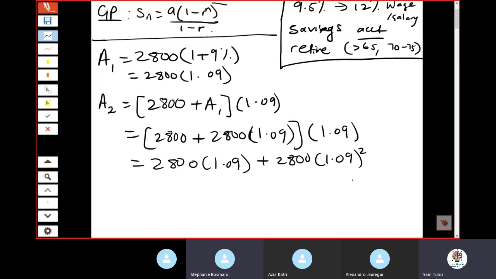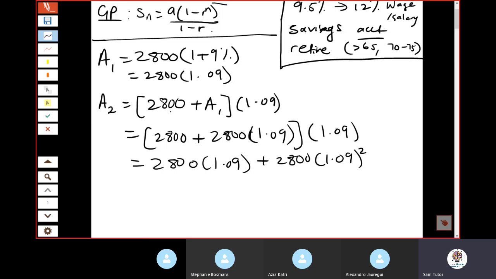Why do we have to keep putting 1.09 again? Why do we have to keep timesing it? The reason why you're multiplying is because if you put money in, think of a bank account, right? If at the beginning of the first year you put in 2,800, well, you're going to earn interest, aren't you? So that's going to grow by whatever this amount is.